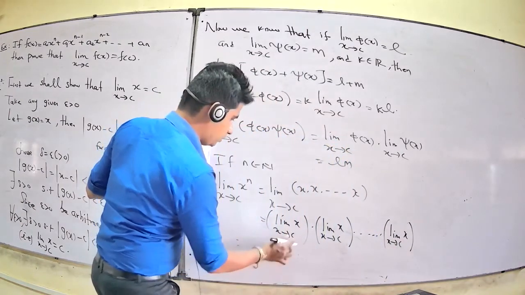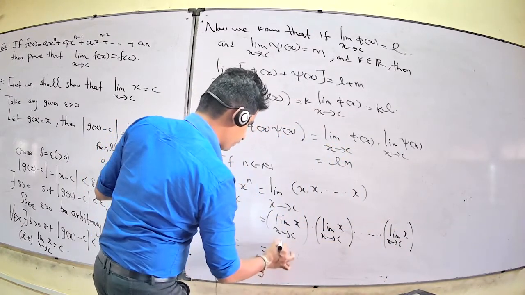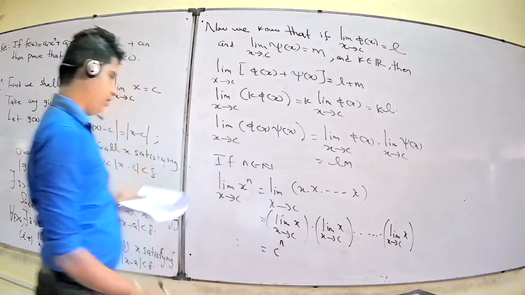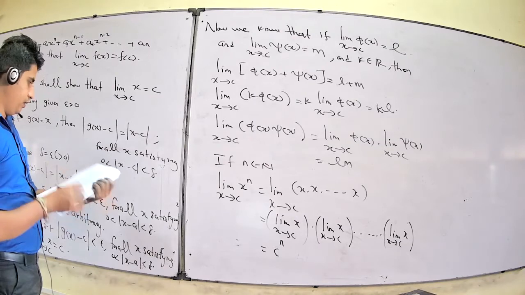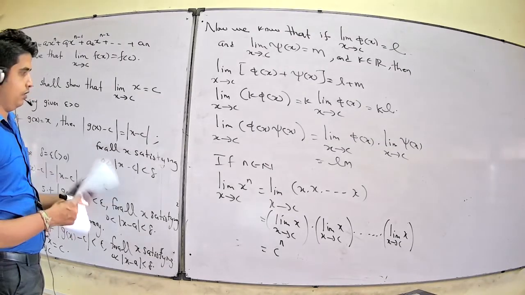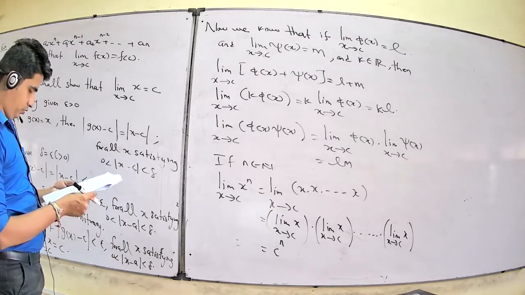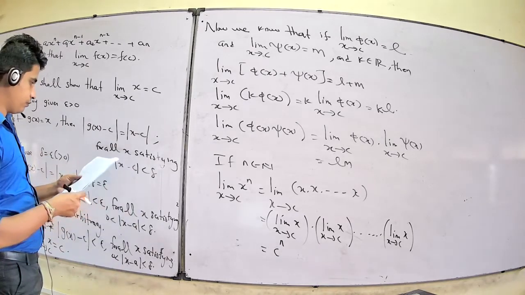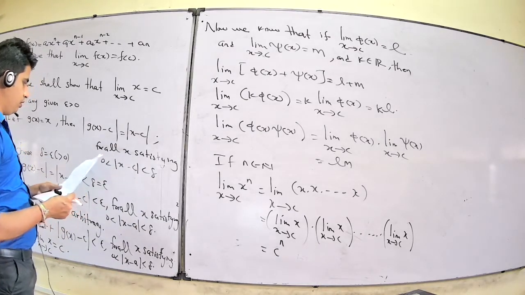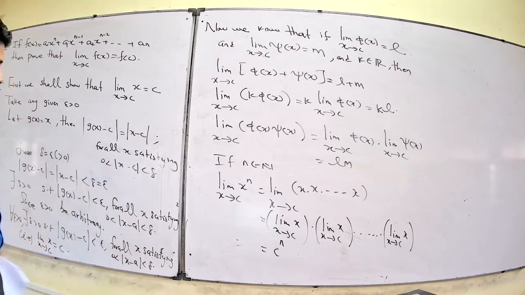Therefore, common terms c up to n, so c power n. Now your question is c power n.